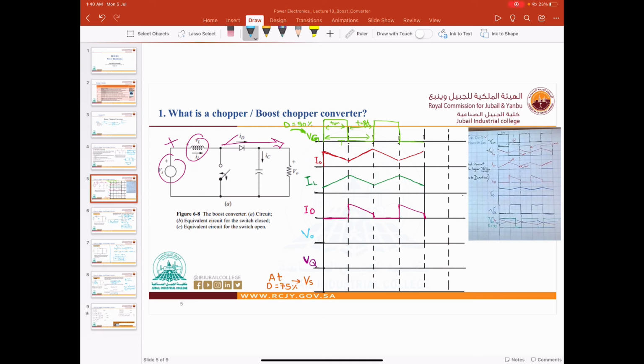Now V out, let us do the analysis here. What about V out, shabab, when the switch is closed? Do you have V out? Yes, we have. Is it up or down? It will be down a little bit, because what, shabab? Because of the capacitor. The capacitor will release. It depends only on the voltage of the capacitor.